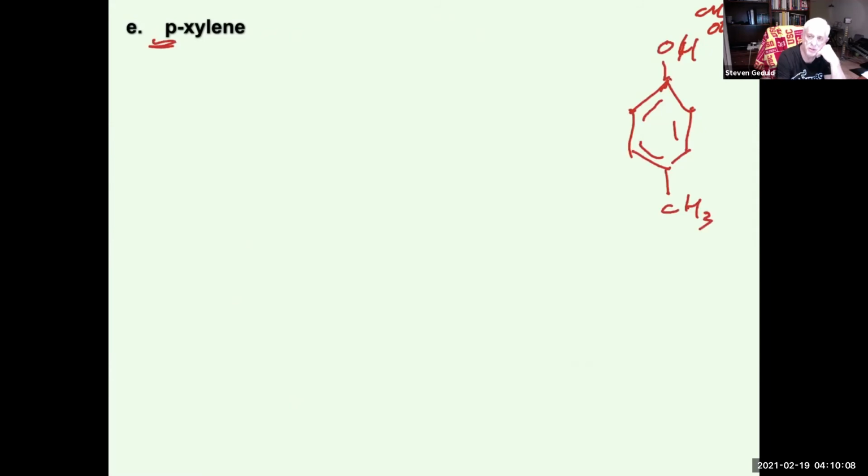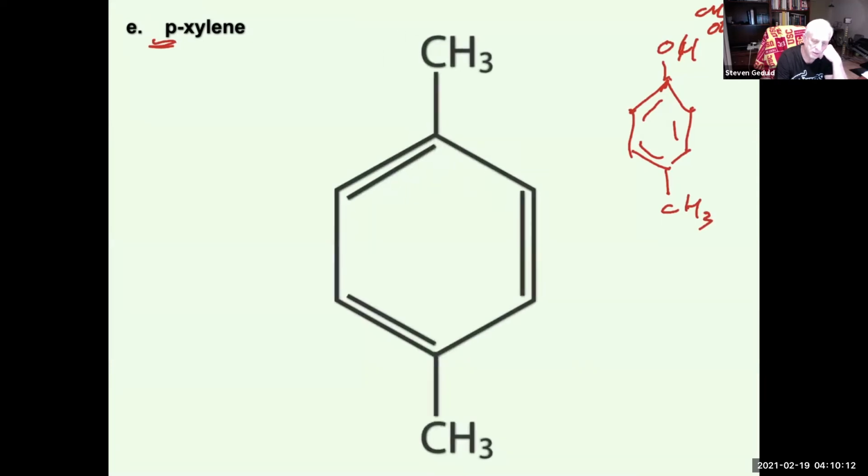Oh, I'm sorry. I was thinking that xylene is 2 CH3 groups. So this would be CH3. I was thinking of creosote. My mistake. So xylene is 2 CH3 groups attached, and it tells you the para position is at 1,4. So that's para-xylene.